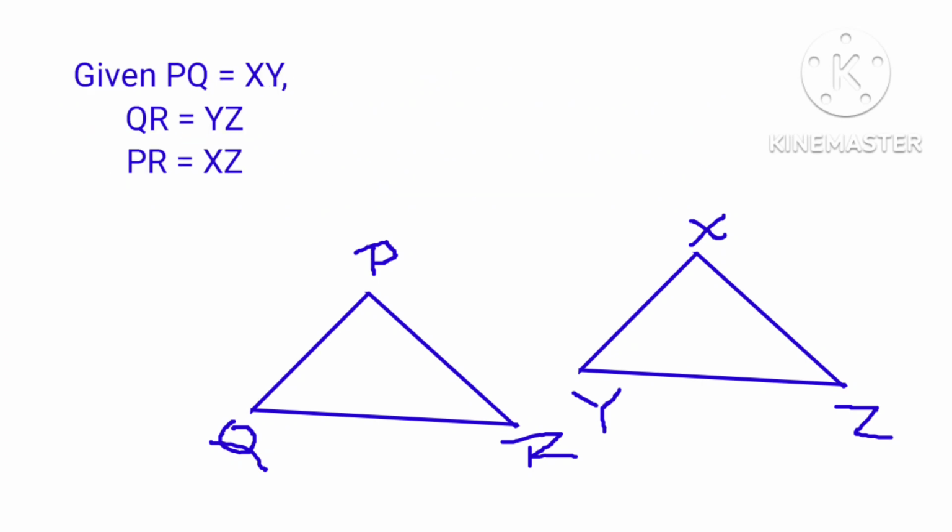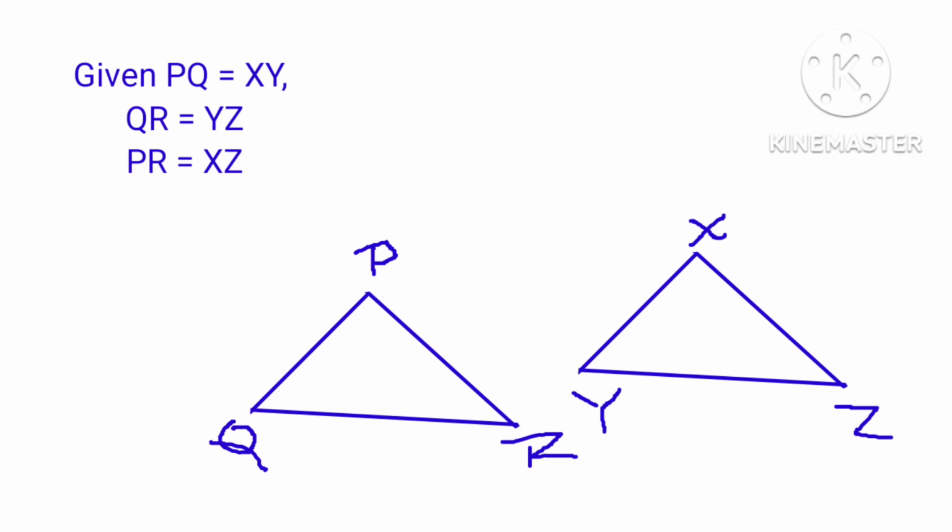Now we have given, SSS means side, side, side, and in the statement it is given that if three sides of one triangle are equal to the three sides of another triangle. So here one triangle is PQR and another triangle is XYZ.